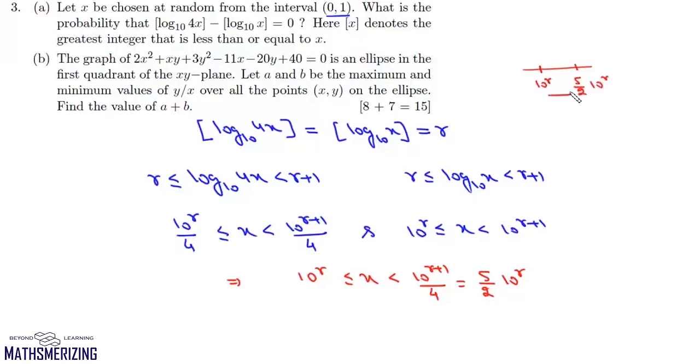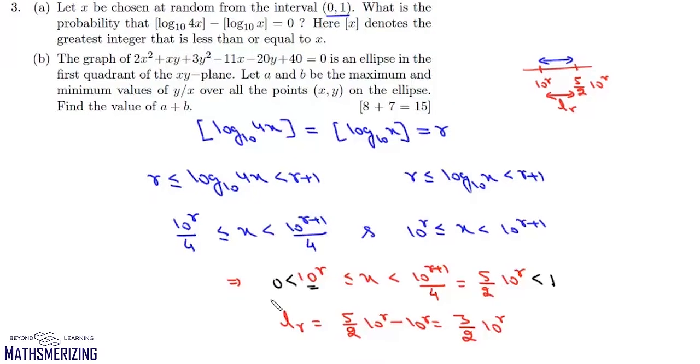Now if we find the length of this interval, say LR, then the length LR will be 5 by 2 into 10 to the power r minus 10 to the power r, which is 3 by 2 into 10 to the power r. Now we have to find the length of all such intervals for which the value of x will lie between 0 and 1. So this x must lie between 0 and 1.